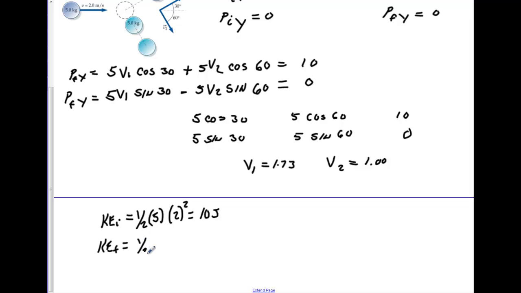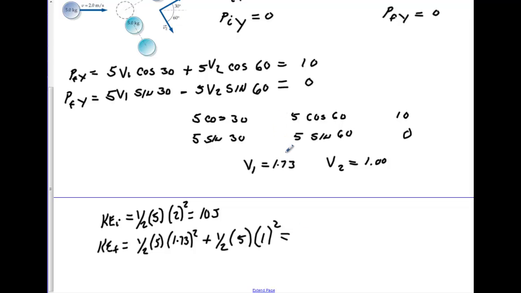We go back to 1/2 times 5 times 1.73 squared plus 1/2 times 5 times 1 squared. I'll run that very quickly on my calculator.